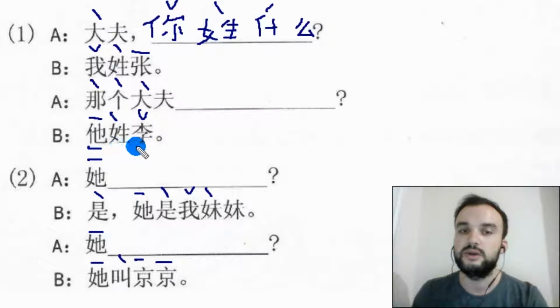So his surname is Li. So we should ask a question like, what is that doctor's surname? What is that doctor's surname? So how can we ask this question in Chinese? 哪个大夫姓什么?